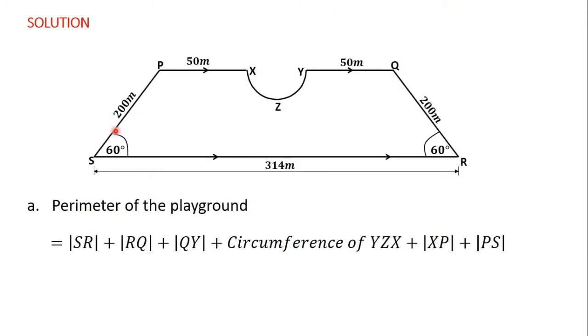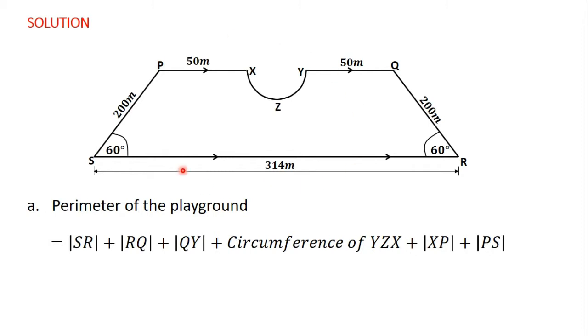So we have been given this playground and we are supposed to calculate the distance around the playground. We have learnt that the distance around a figure is the same as the perimeter of the figure. So the perimeter of this playground here is equal to the distance SR plus the distance RQ or QR plus the distance QY plus the circumference of the semicircle YZS plus the distance XP plus the distance PS.